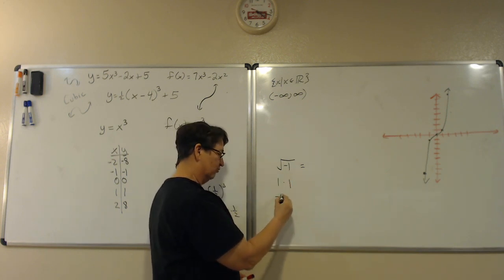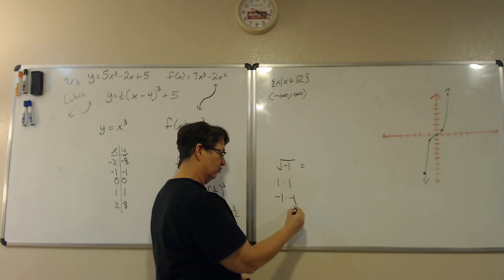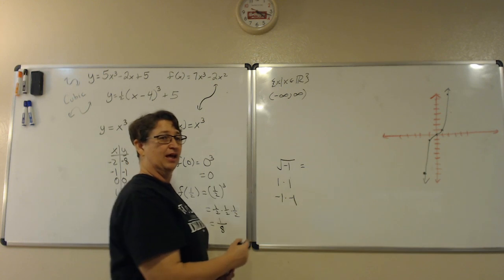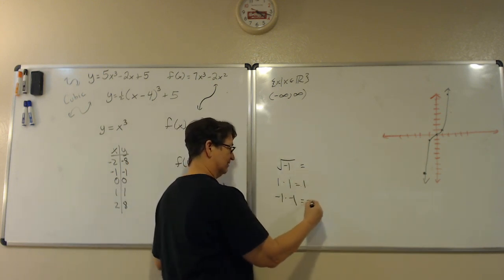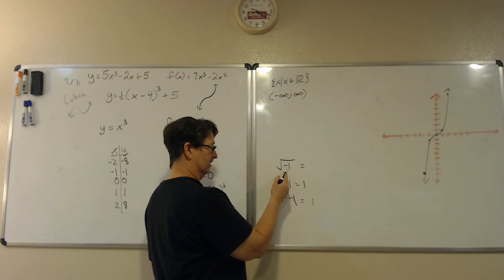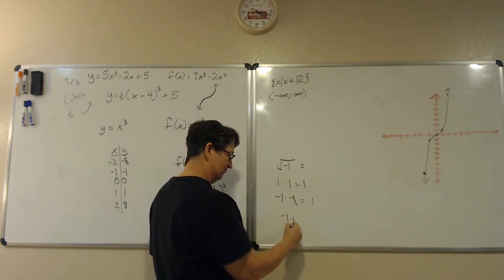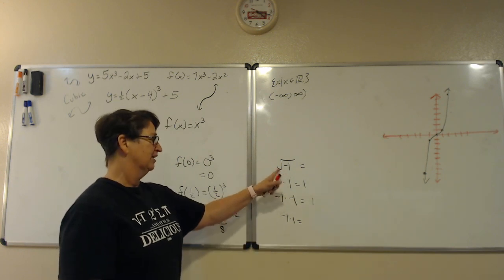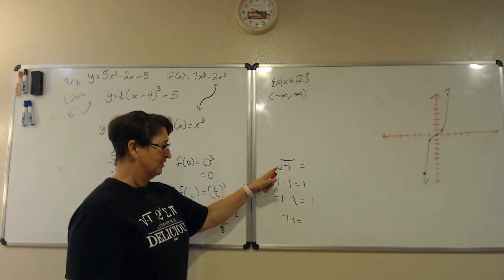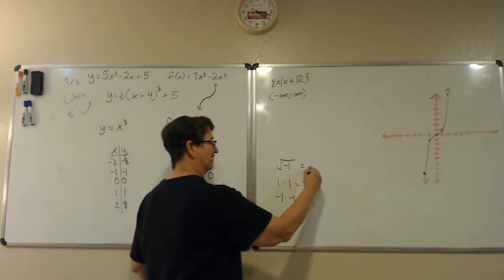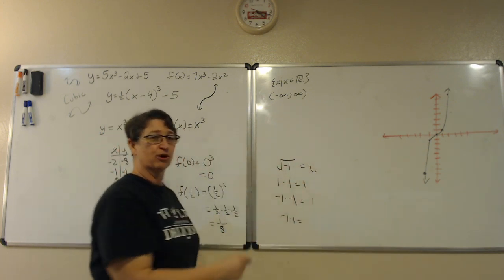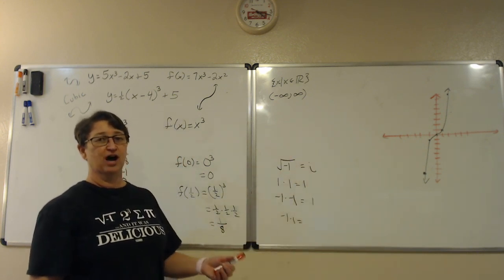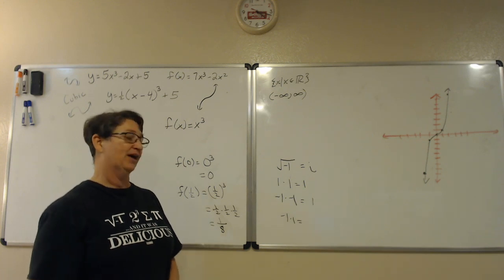If I do negative 1 times negative 1, that gives me a positive 1, not a negative 1. So we have just defined the square root of negative 1 as i, or this imaginary number. It's not real. So that's an example of one that's not real.